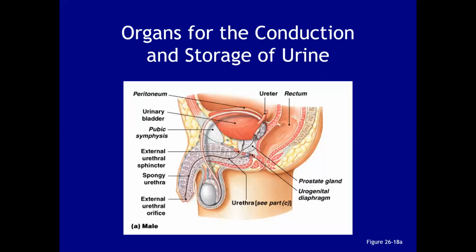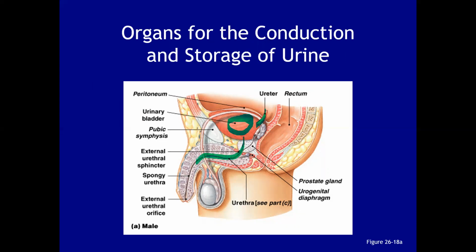All right, so let's do an anatomical overview of the organs that are necessary for removal and storage of urine. This is your urinary bladder. In a male, this is the ureter. This is called the external urethral sphincter.